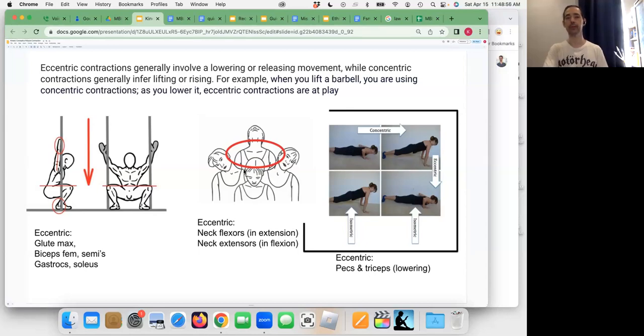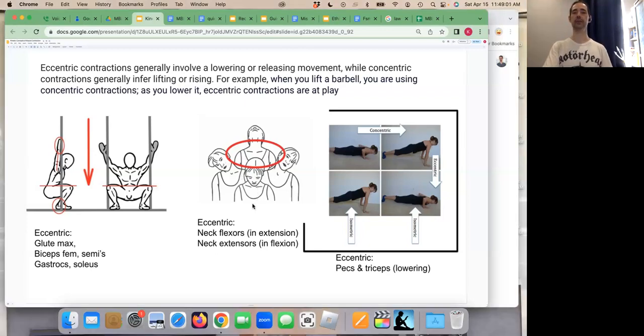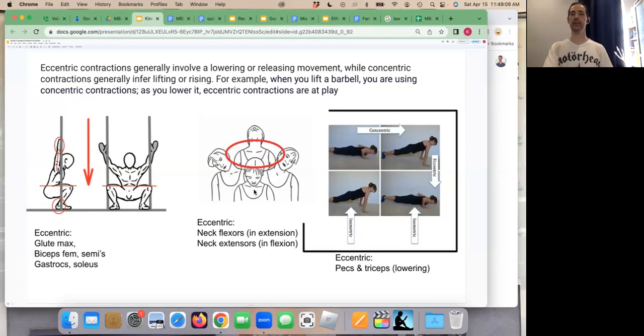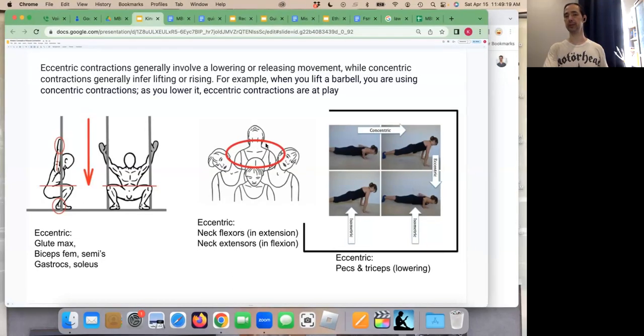Okay, if we look at moving the neck in various ways, this is flexion, bringing the chin toward the chest, and this is extension, bringing the chin up to the ceiling. So in flexion, the front surface, the neck flexors, are shortening, and in extension, the neck flexors are lengthening and the extensors are shortening.